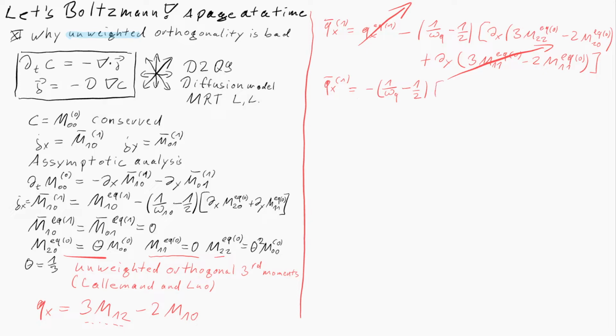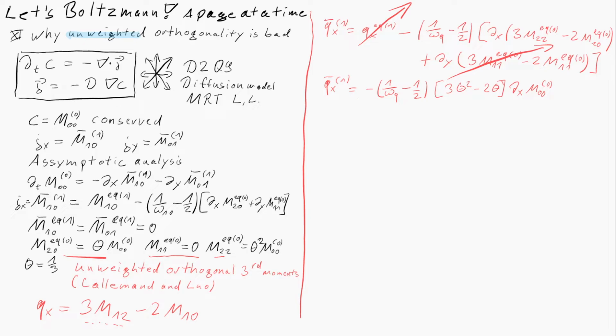This becomes 3 times theta square minus 2 theta, and theta is always 1/3, into dxm00 equilibrium. I always want to write equilibrium, but this equilibrium and zero order moment is the same, so just 0.